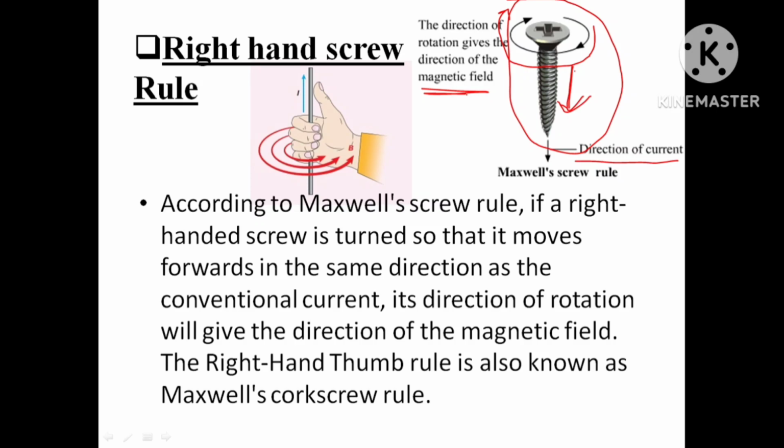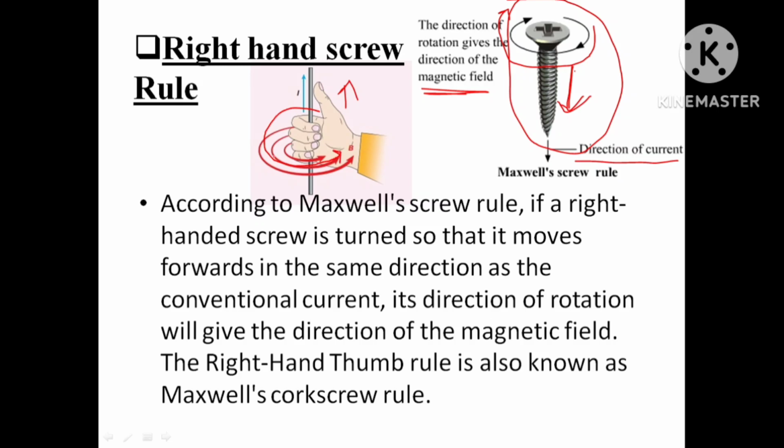So the thumb indicates the direction the screw is going, which is the direction of current, and your other fingers indicate the direction of the magnetic field. In this picture also, your thumb indicates the direction of current and your grip indicates the direction of the magnetic field.